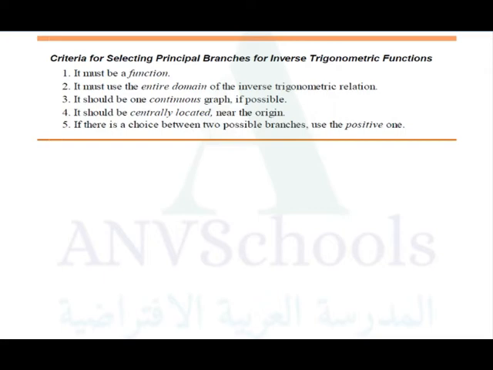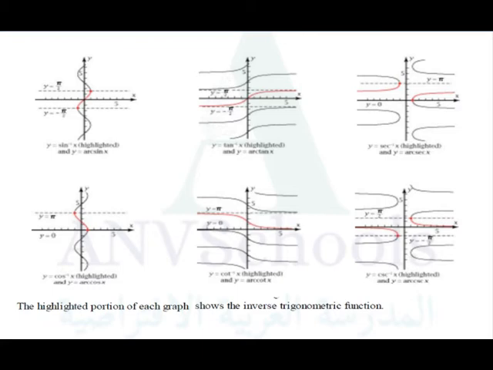Okay, number 4, it should be centrally located near the origin. So looking at the red portions, just take note that the highlighted portions of each graph show the inverse trigo function. Okay, so look at these highlighted portions. They are very near the origin. So these are the representatives of the relation.